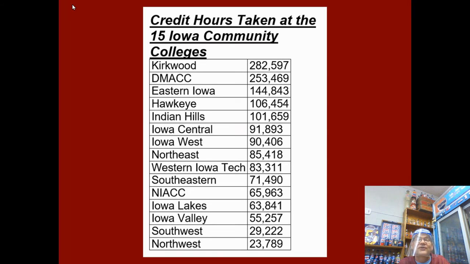So I might ask you a question like, we of course in our area have Iowa Lakes Community College. That's where you're going to get credit from for taking this class. So what's the percentile for Iowa Lakes? Anyone have any clue what we're going to do to figure that out?